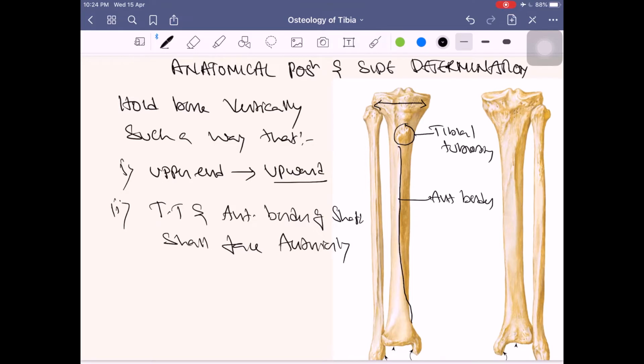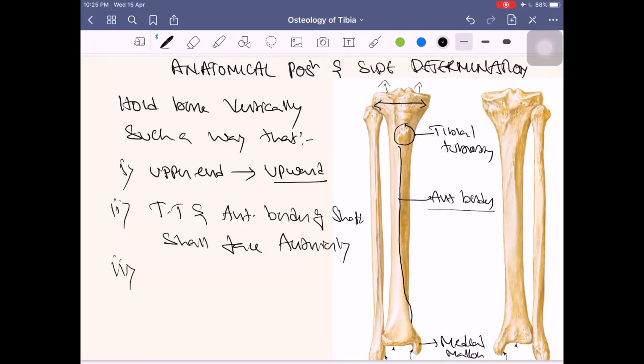The third part is the lower end. From the upper end, the tibial tuberosity faces anteriorly, and the expanded end present above faces superiorly. In the shaft, the anterior border faces anteriorly. The lower end bears a projection on the medial side, which we call the medial malleolus, so the medial malleolus should be on the medial side.